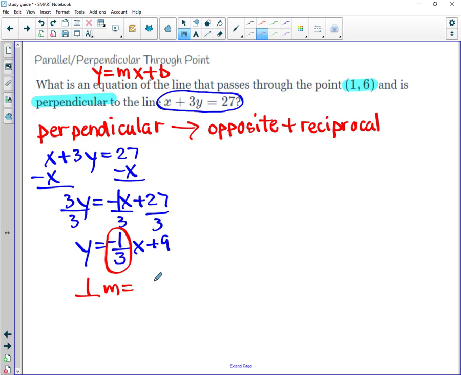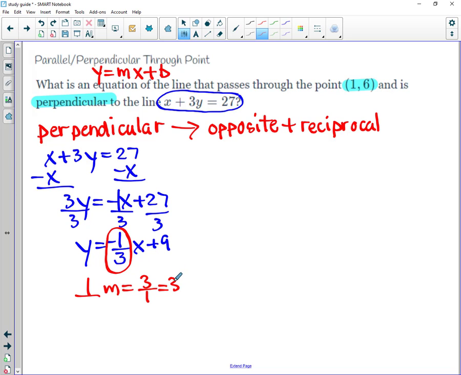Our perpendicular m: well, that one's negative, so ours has to be positive. And then the reciprocal of 1/3 is 3, or 3/1. Honestly, I would prefer to use just 3. It's a lot easier than using a fraction. So our perpendicular m is 3.